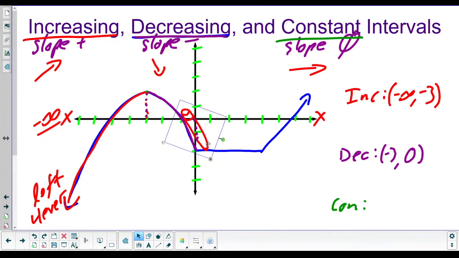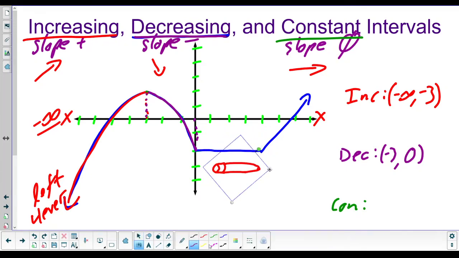Moving right along, grab our pencil again. Now this whole section is flat. So this whole section right here is constant. So we just want to know where this is. It lines up with 0, lines up with 1, 2, 3, 4. So our graph is constant from 0 to 4.